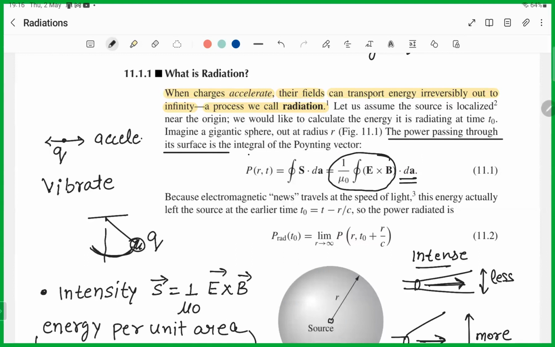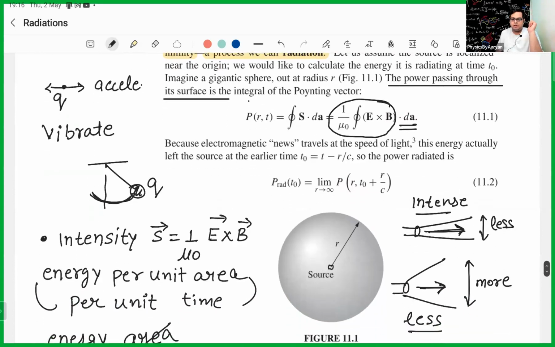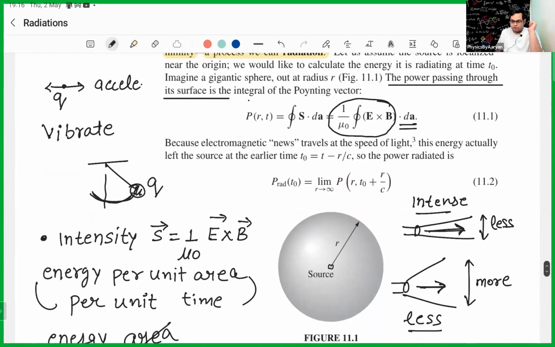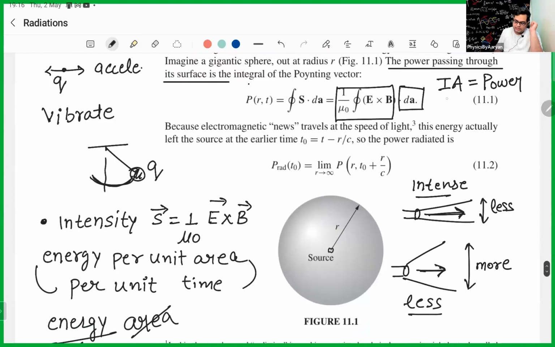Sir, power per unit area is intensity, right? Yes. So intensity multiplied by area gives you power, because intensity is energy per unit area per unit time, and energy per unit time is known as power.